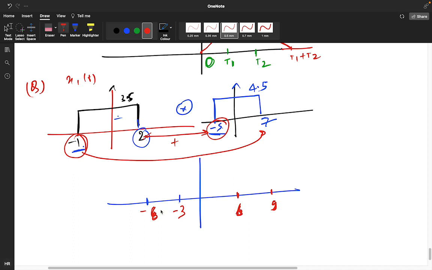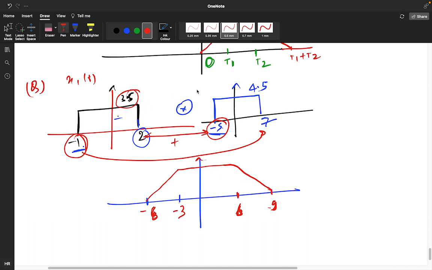So you are adding the least one with the least one, and the greatest one with the greatest one. Then the opposite adding is there. 2 will be added with this and minus 1 will be added with this, arranged according to these things. Then from here to here it will increase like this, then it will come constant, then it will get decreased like this. So this will be the convolution result, and you need to put the value of this.